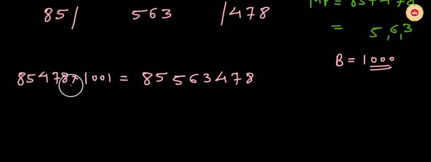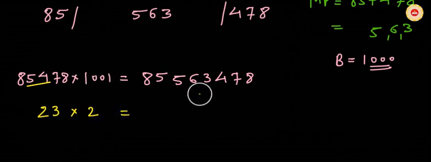Now let us apply Bijanka method and verify if this answer is correct or not. Let us calculate Bijanka of left hand side and right hand side and tally. So 8 plus 5, see, leave this 5 and 4 because 5 plus 4 is 9. 8 plus 7, 15, 15 plus 8, 23. Write 23 multiplied by 2. 1 plus 0 plus 0 plus 1 is 2 is equal to 6, 3, leave this. 5 and 4, leave this 2 digits. 8 plus 5, 13. 13 plus 7, 20. 20 plus 8, 28.